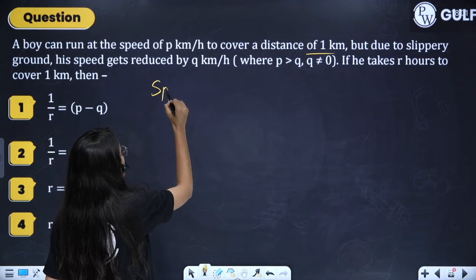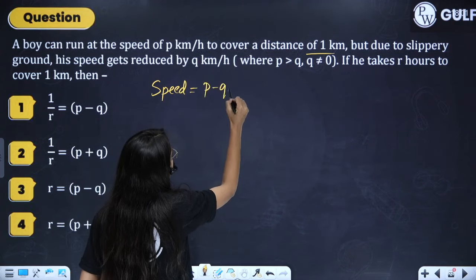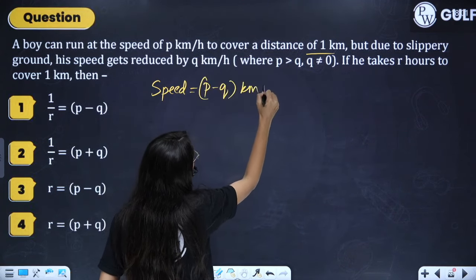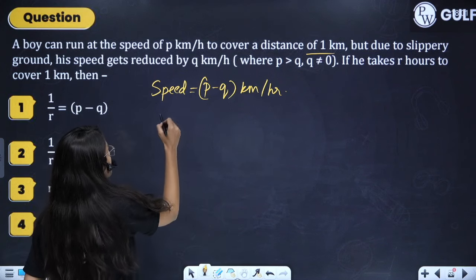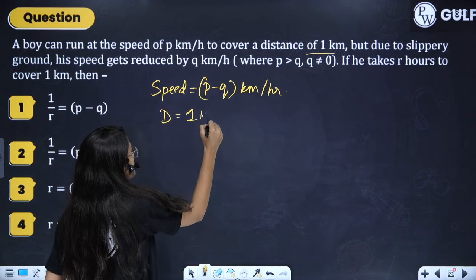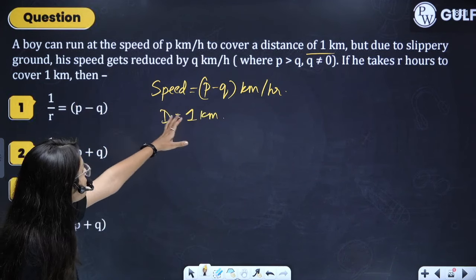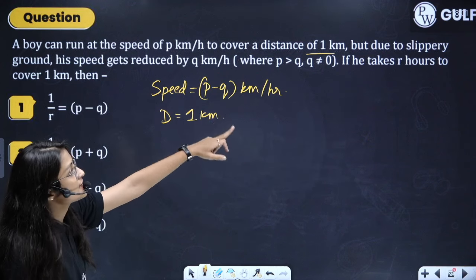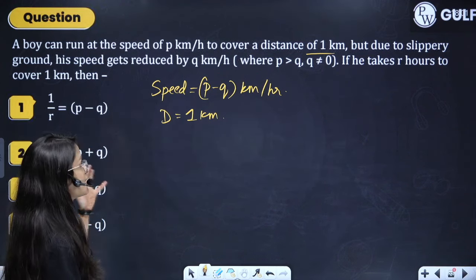So I can say that speed would be equal to p minus q kilometer per hour. The distance is 1 kilometer. Then his speed gets reduced by q kilometer per hour. If it takes r hours to cover 1 kilometer, then what would be the relation between them?